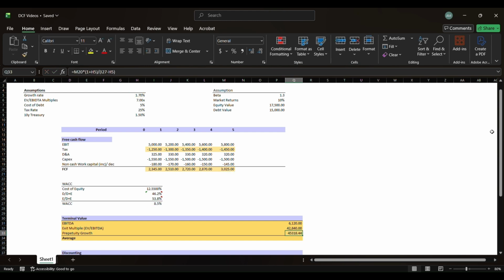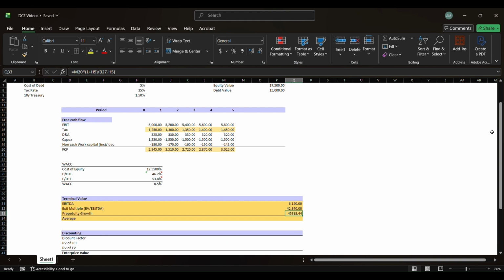So we get 45,318.44. Now we take the average of the exit multiple and perpetual growth rate to be more conservative.